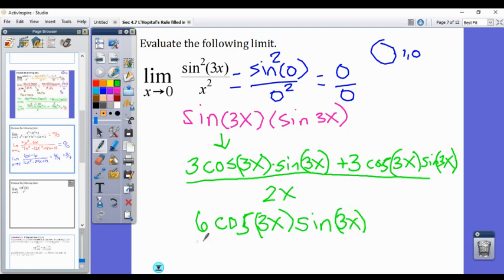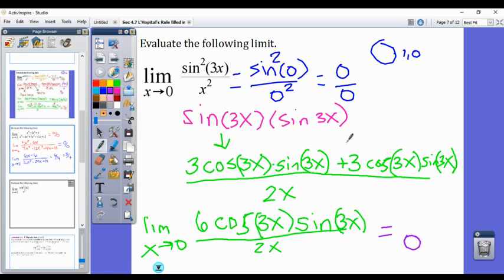all over 2x. All right, so you might be seeing the problem that we still are going to have. So the denominator is still going to end up being 0 because 2 times 0, okay? So that's a problem.